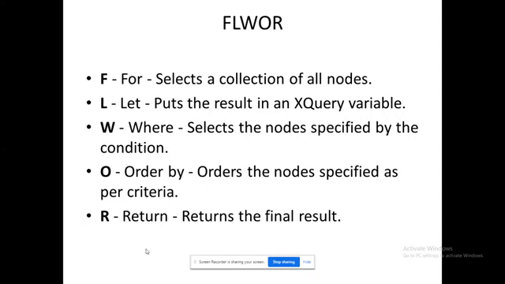R is the return, based upon FLWO, the result that will be returned through this R. This is FLWOR. So people will call it xquery FLWOR, this one. So F for the for, L for the assignment, W for the condition, O for sorting and R for returning the result. Okay, please remember this.